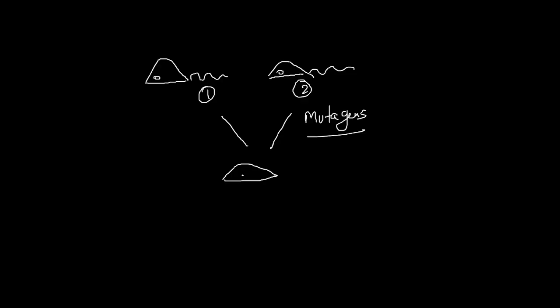Let's say this is mice 1, this is mice 2, and you are crossing them and treating them with mutagens. By doing several experiments, you get one mouse out of so many that has no tail.